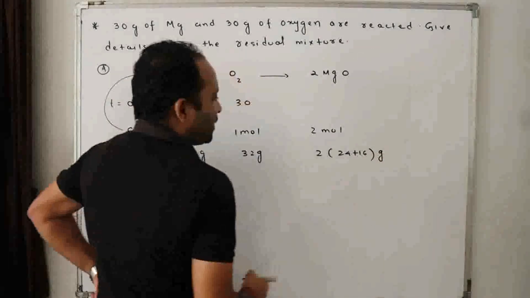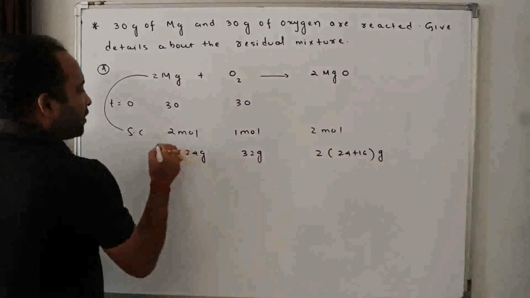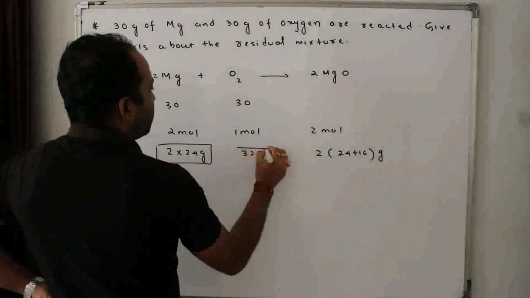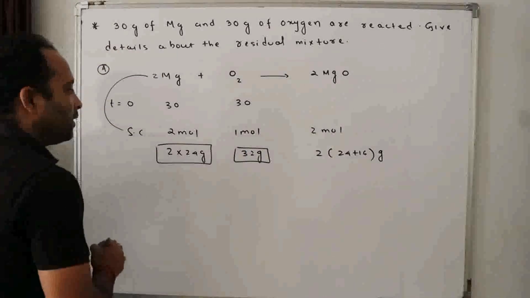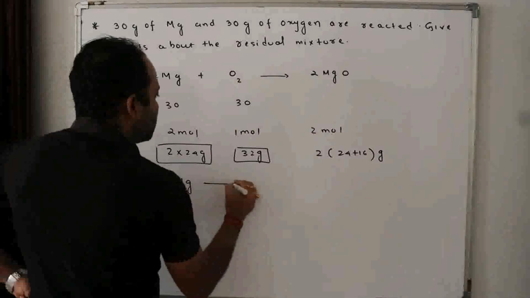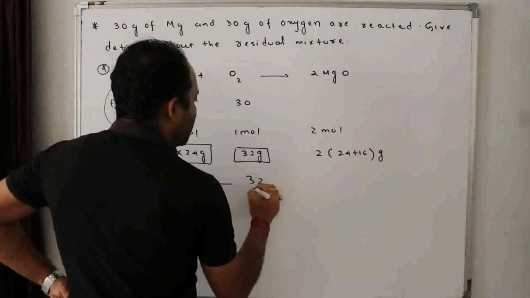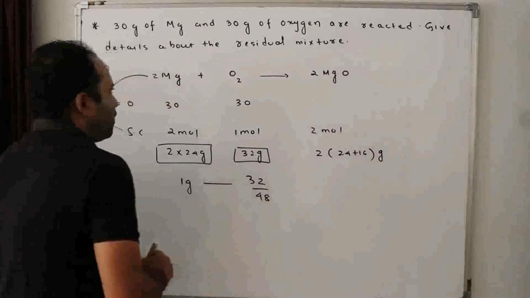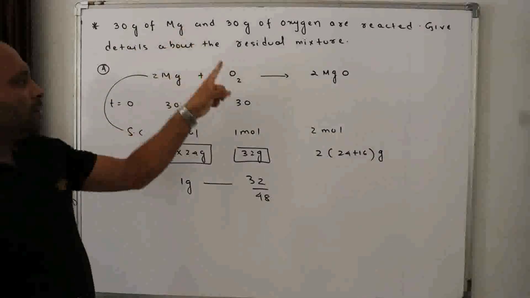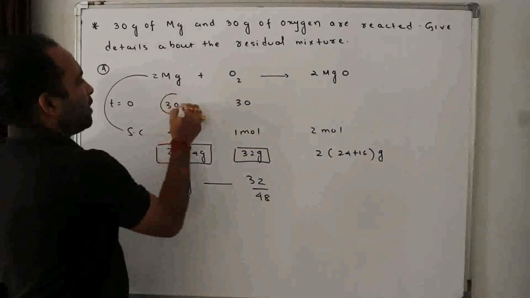So this is the normal stoichiometry. That means 48 grams require 32 grams. That means 1 gram of magnesium will require 32 by 48. From the normal stoichiometry, 2 moles require 1 mole. 30 gram will require 15 grams.